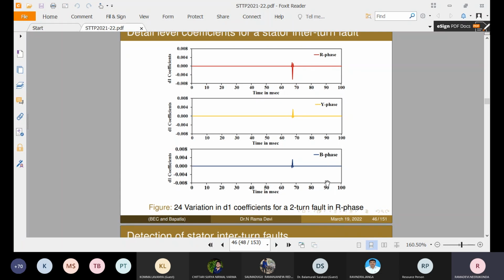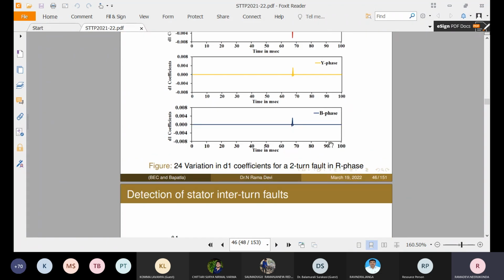Whenever the interturn fault happens in the R phase, that interturn fault creates disturbances through the stator to frame capacitance on the other healthy phases. So these are the impacts. One phase current increases, and the other two phase currents decrease because of the fault in R phase.